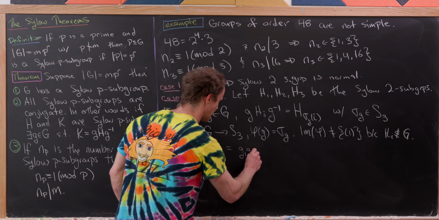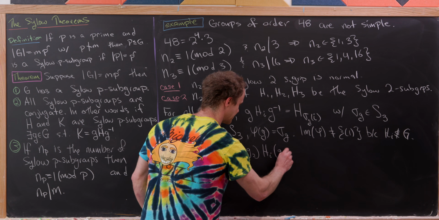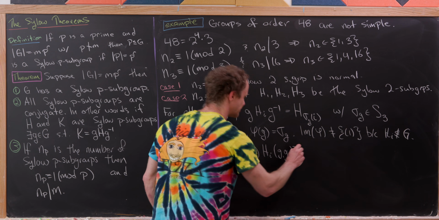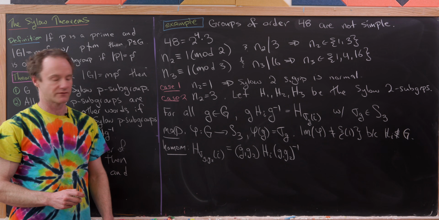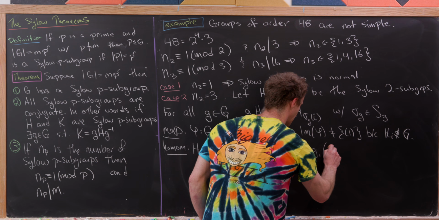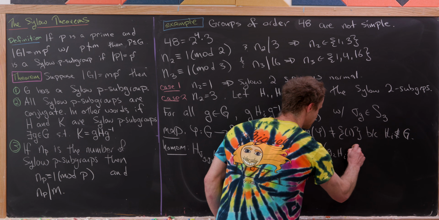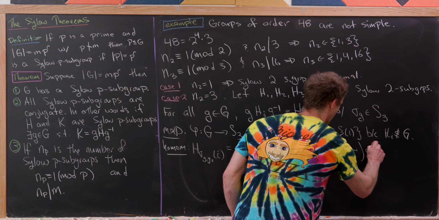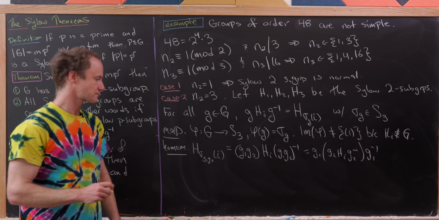So we've got g1 g2 conjugating hi. So that means on one side we've got g1 g2, and then on the other side we have g1 g2 inverse. But now let's rewrite that as g1, and then here we have g2 hi g2 inverse, and then g1 inverse, just by the so-called shoes and socks theorem.